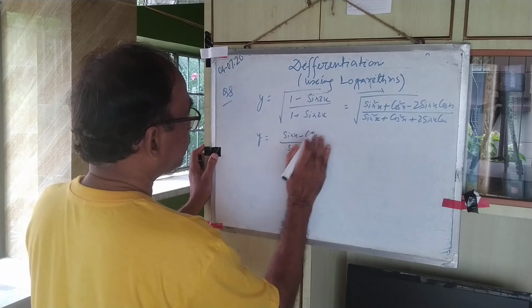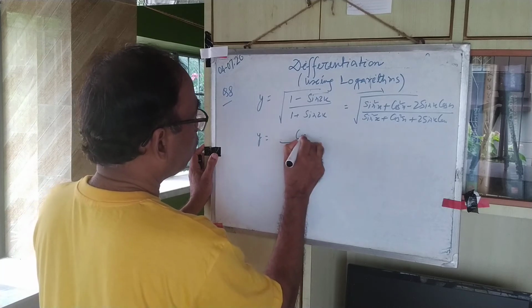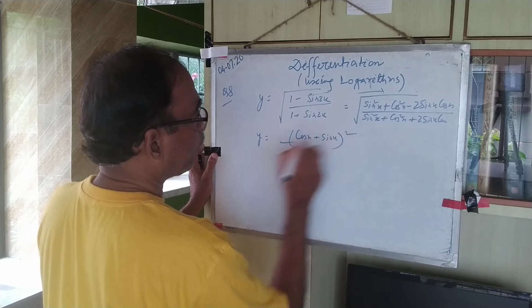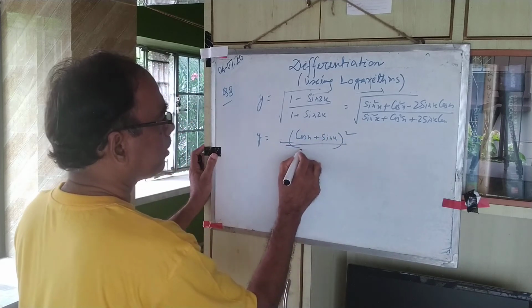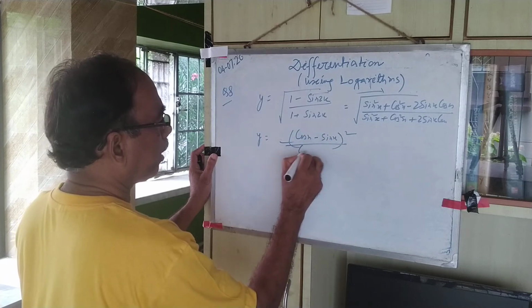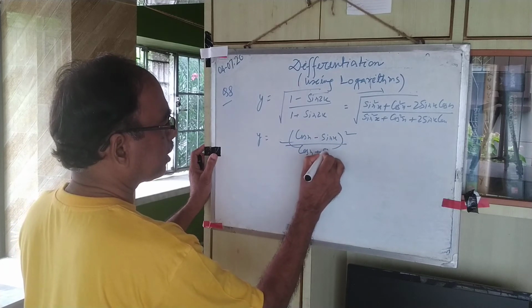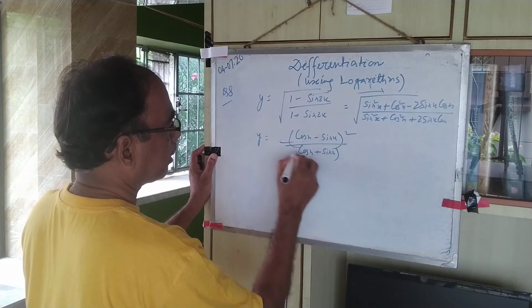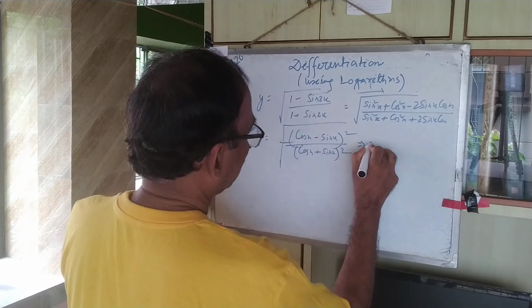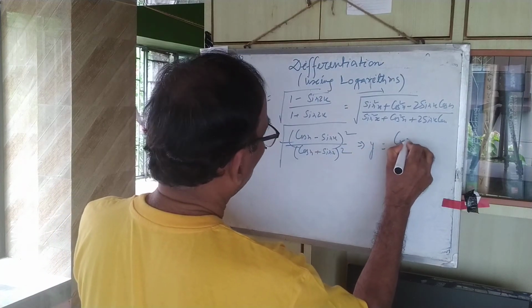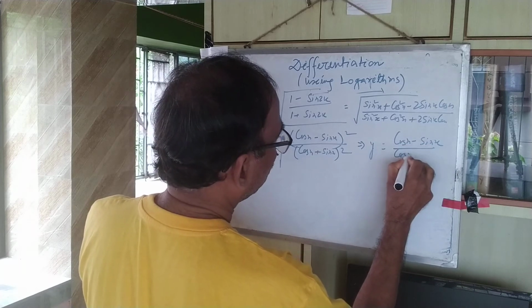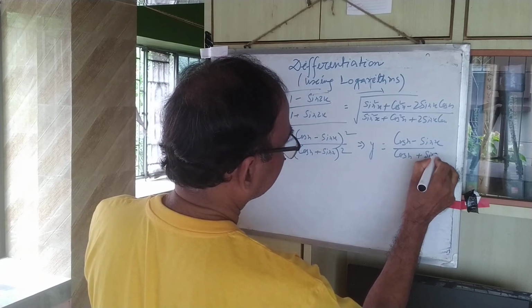This we can write as (cos x plus sin x) whole square, and the numerator as (cos x minus sin x) whole square. Taking the square root, y equals cos x minus sin x over cos x plus sin x.